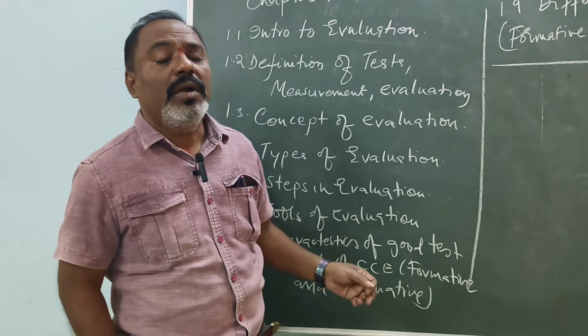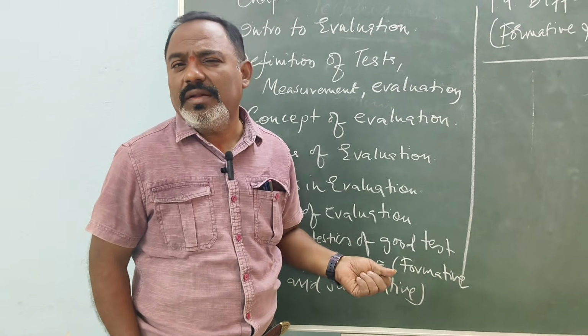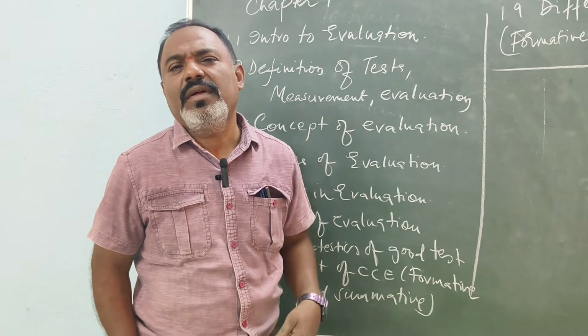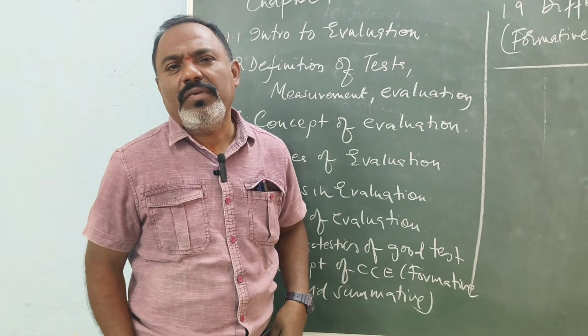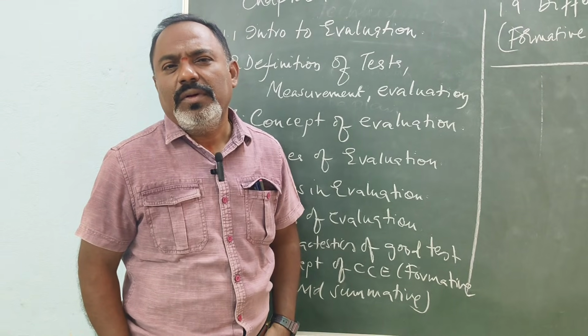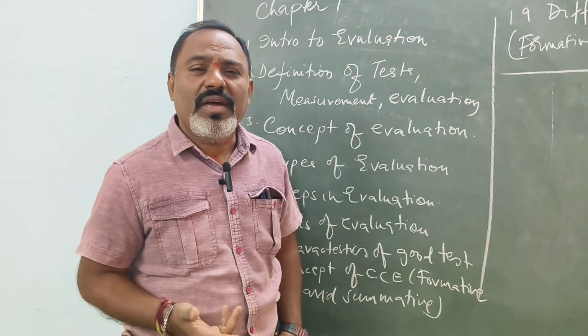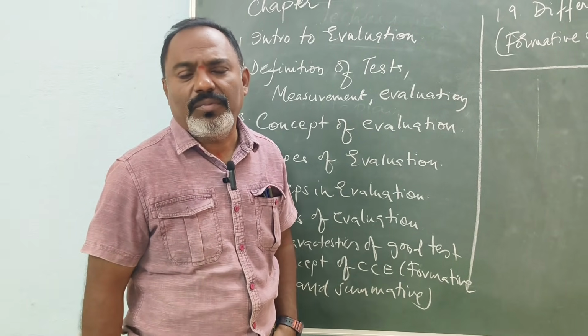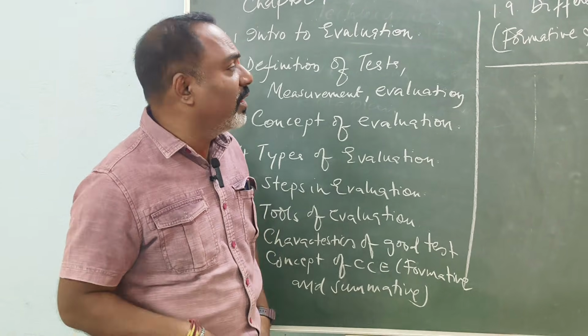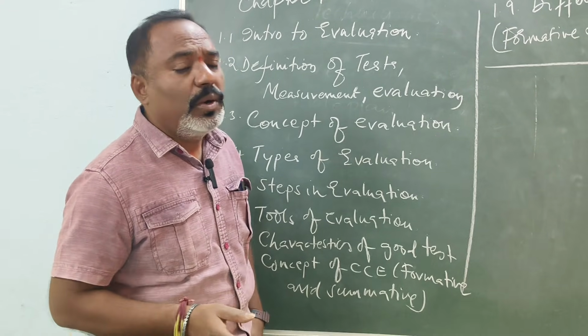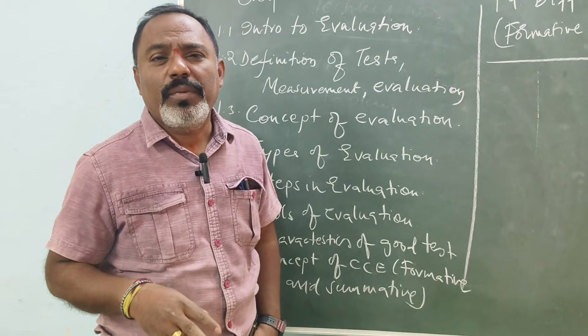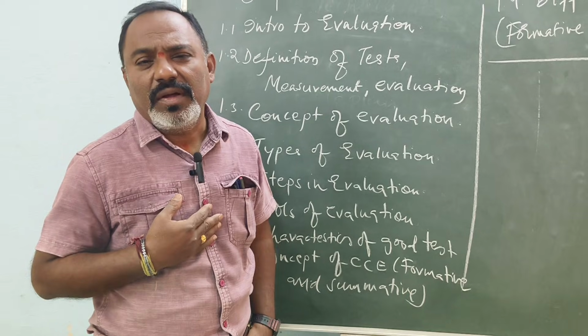So when you come to CCE, we see that there is a drastic change in the evaluation techniques. CCE is the pattern where a child gets a chance for expressing himself. So whenever you are designing the question paper, try to prepare a question paper where a child expresses himself.